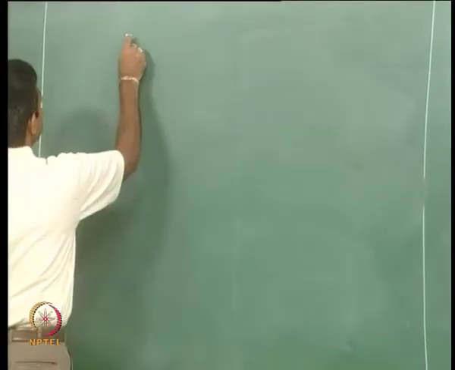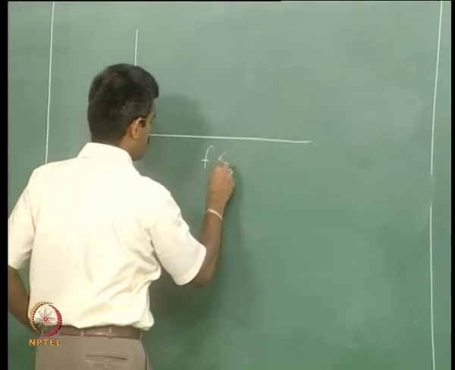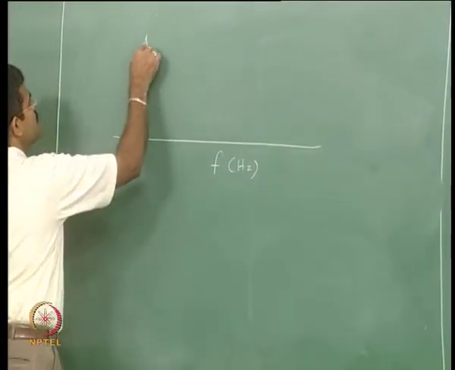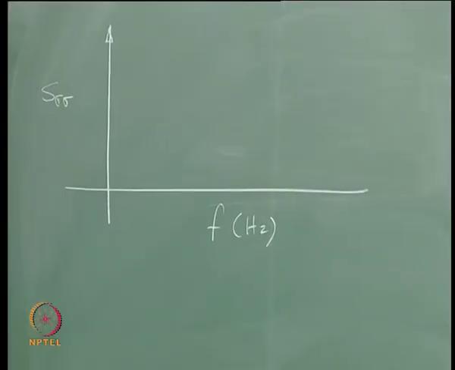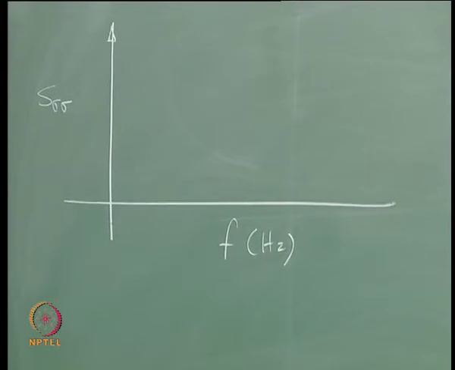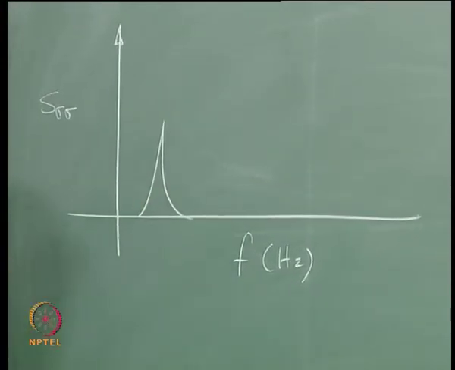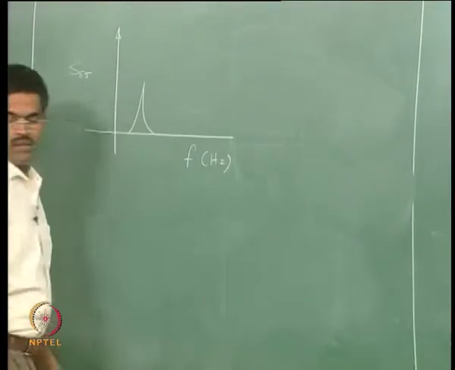Let us say this becomes my narrow band spectrum, where this is my frequency in hertz and this becomes my S sigma sigma, and this is my narrowband spectrum, and the corresponding time history can look like this.